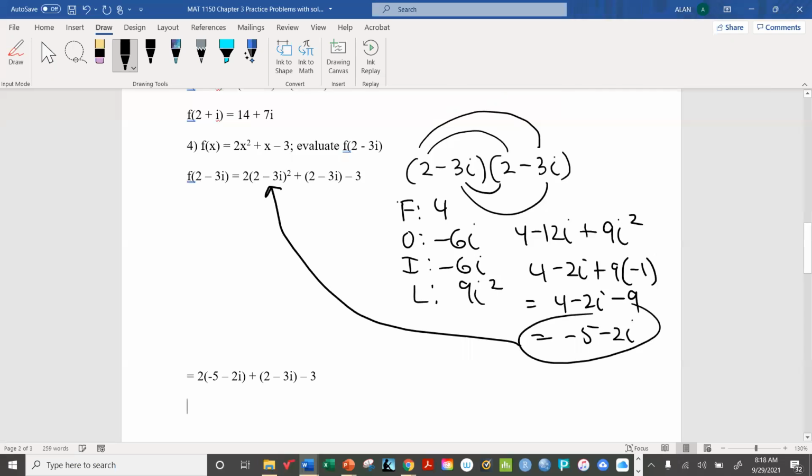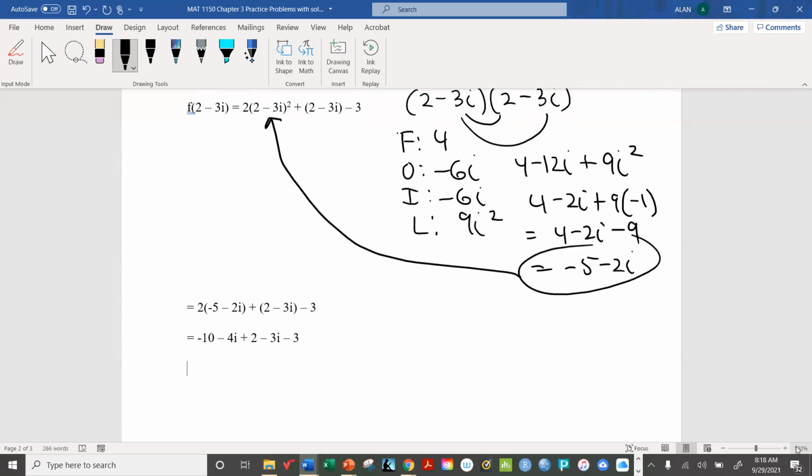Now we have to use the distributive property for this first one to come up with -10 minus 4i. And then here we can just drop the parentheses. And then we can consolidate these constants with -10 plus 2 minus 3, which is -11.